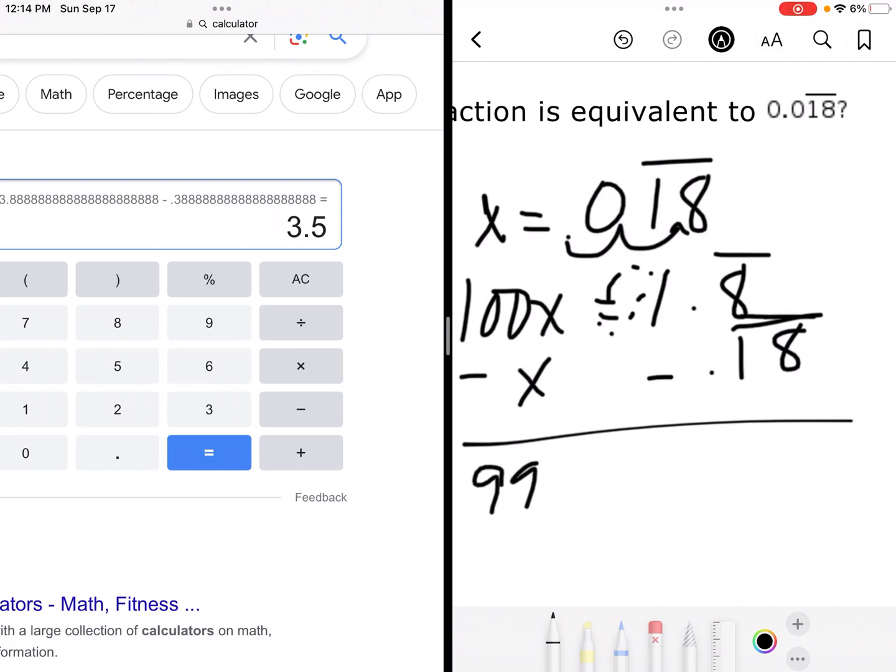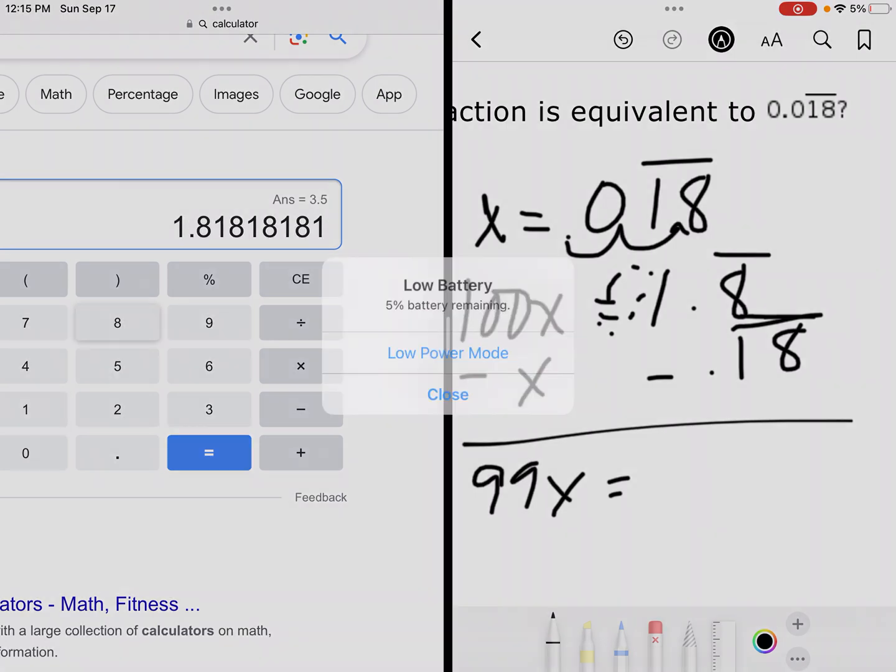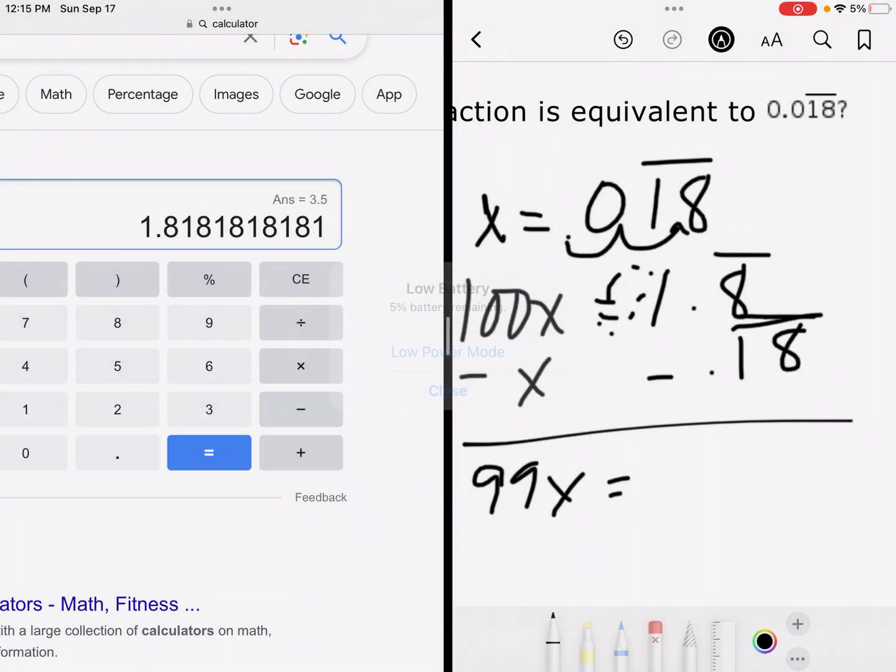So I get 99x, and then I'm going to use my handy dandy calculator. 1.818181818 minus 0.018181818, and I get 1.8.